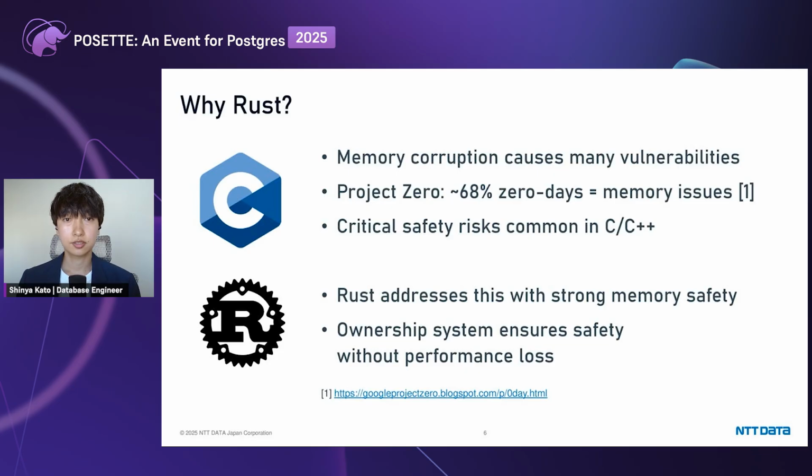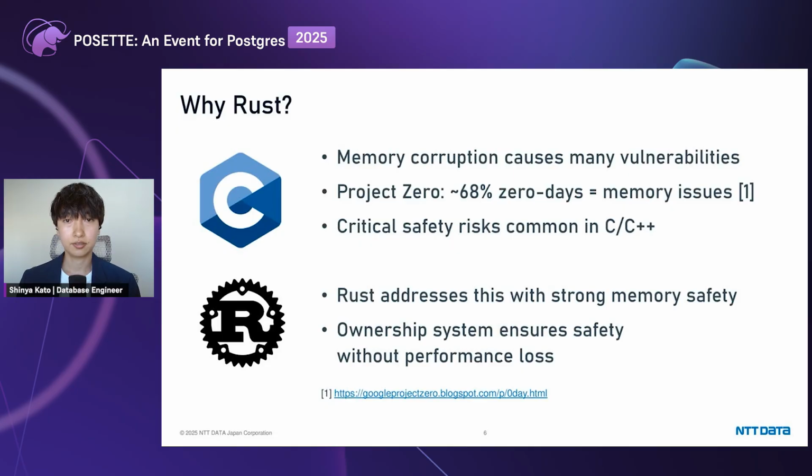Why Rust? Currently, system security is compromised by numerous vulnerabilities caused by memory corruption issues. Google's security team Project Zero reports that about 68% of zero-day vulnerabilities are caused by memory-related problems. These critical memory safety risks are commonly found in C and C++ applications.